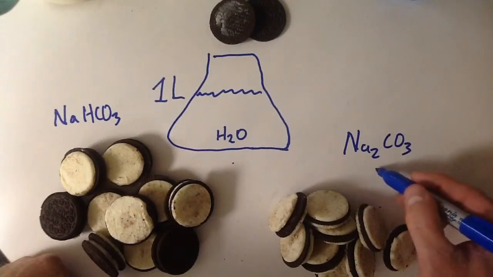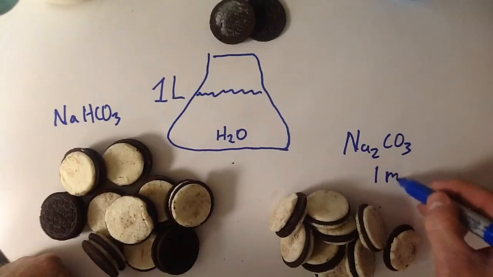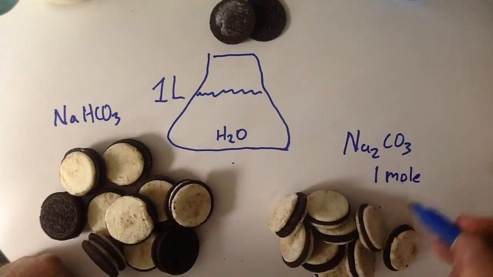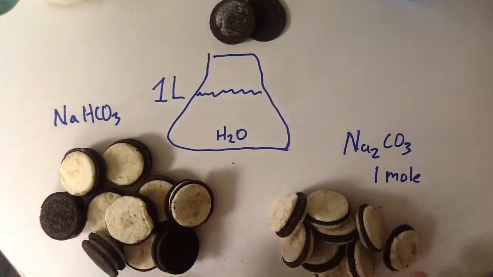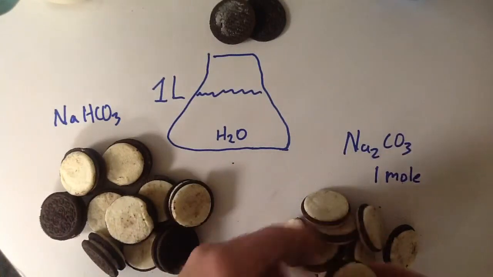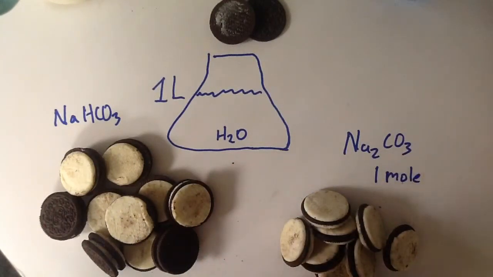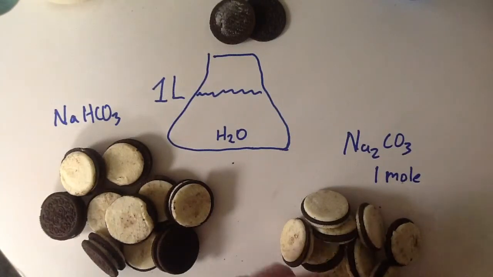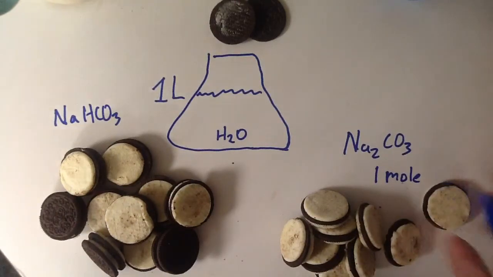Again, 1 mole. I've not made it perfect here, so the carbonate's falling apart. There should be 10 of these pieces here. We'll just imagine there are 10 here. I'm going to put this broken one to the side, as a representative.